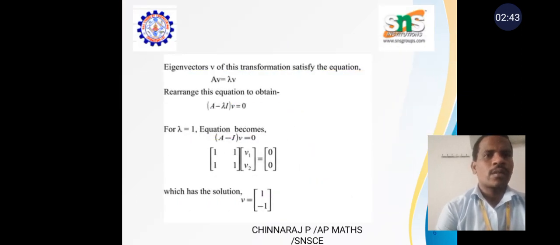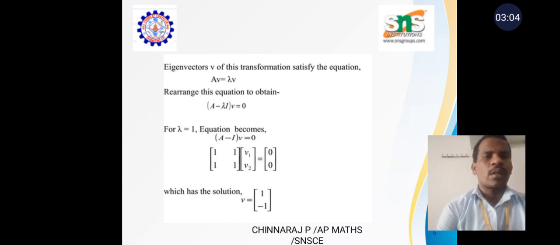The eigenvectors V of this transformation satisfy the equation AV equals lambda V. Rearrange this equation to obtain (A minus lambda I) V equals 0. For lambda equal to 1, the equation becomes (A minus I) V equals 0.